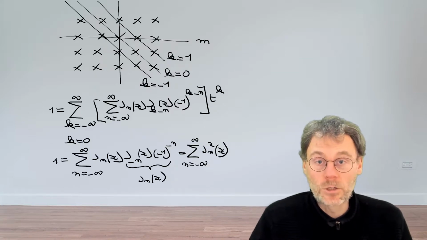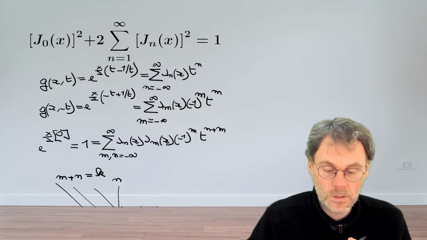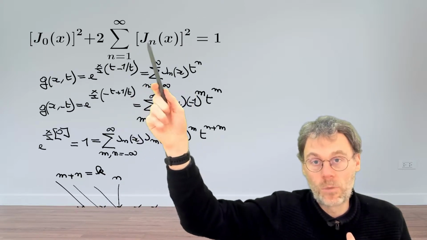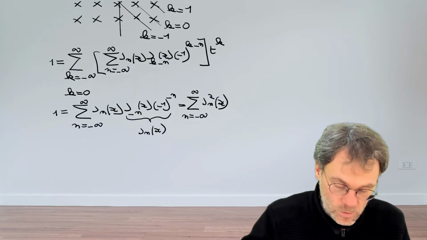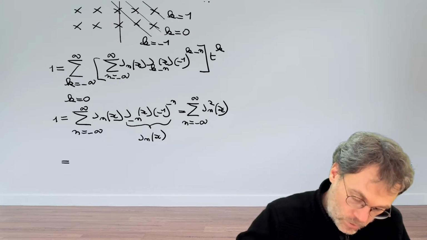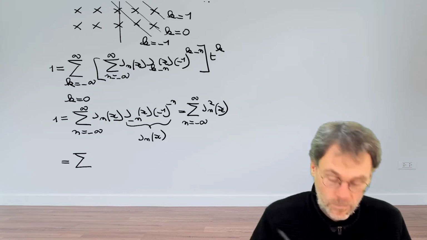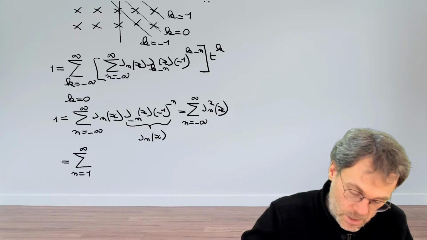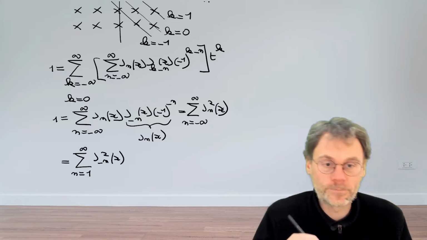And now we're basically done. Looking at what we needed to show, that was a summation only involving positive orders. But that's very easy to fix. So let's just split this up into negative orders first. To sum all of the negative orders, we can have an index that runs from 1 to infinity of J_{-n} squared.